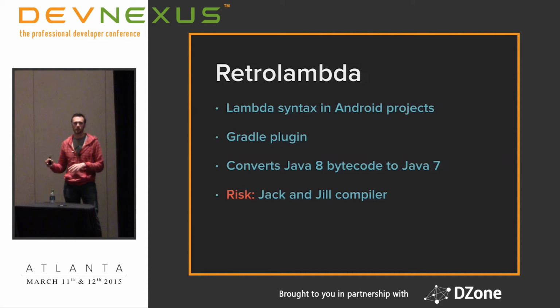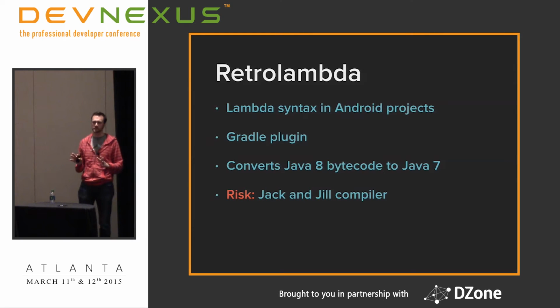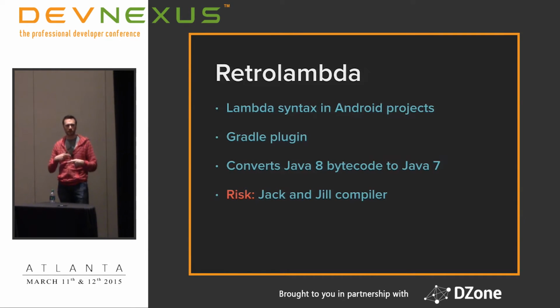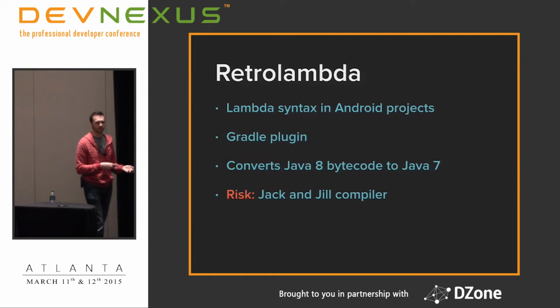It'll compile your code to Java 8 bytecode. And then the Gradle plugin for Retrolambda kicks in during the build process. You don't have to think about all this. It's done for you. It will convert the Java 8 bytecode to Java 7 bytecode, and then that can be dexed into something that Android can run. So that's how that works.